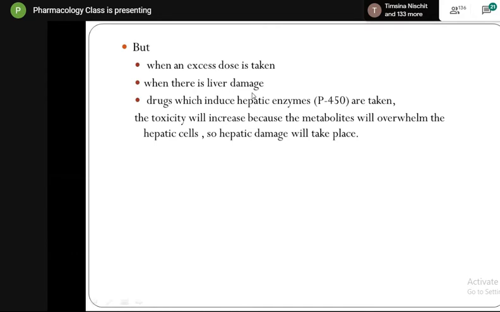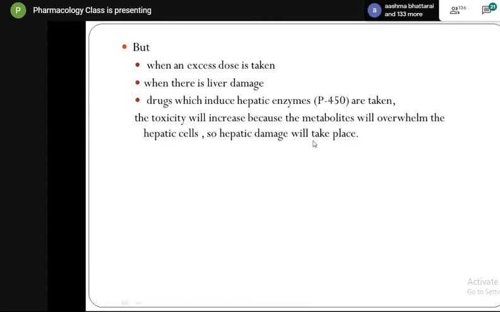But when the metabolism is happening at a very fast rate, there is a high chance that the toxic products will increase, because the metabolites here are the toxic products formed from the metabolism of the drugs. They will overwhelm the hepatic cells, and therefore hepatic damage will take place.